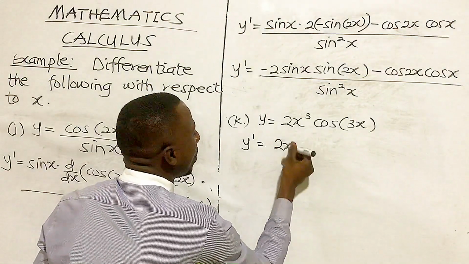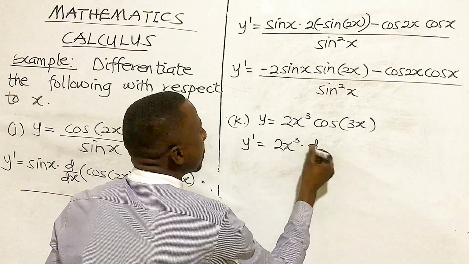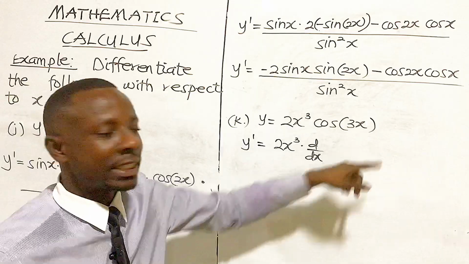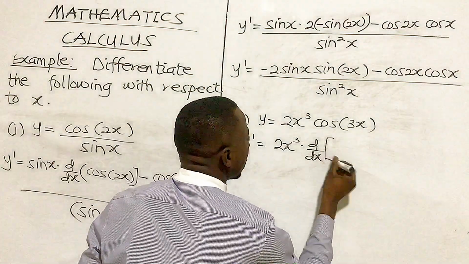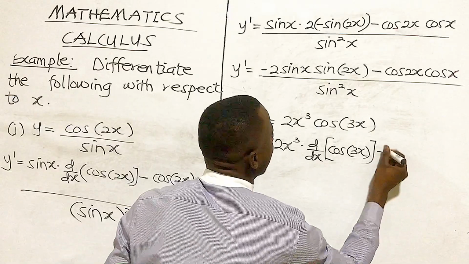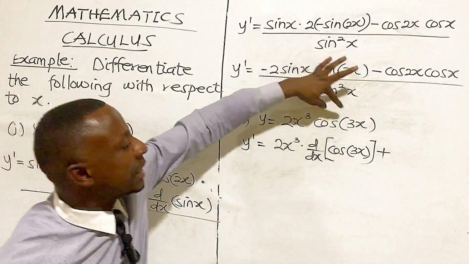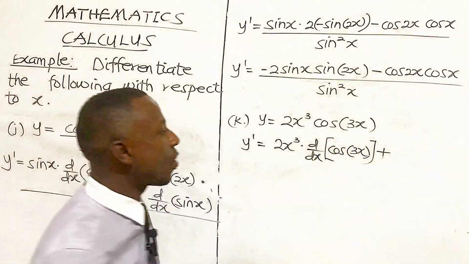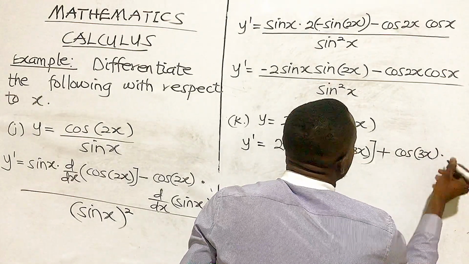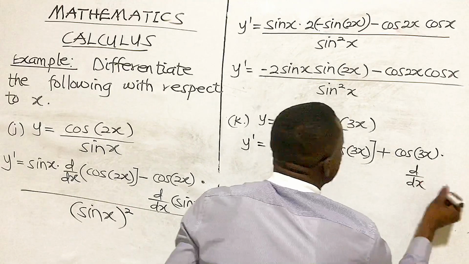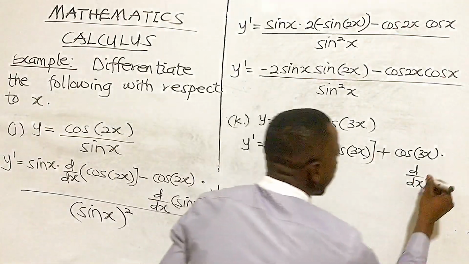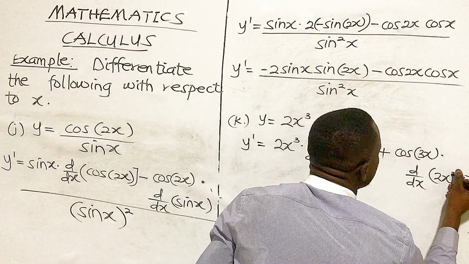So we have 2x cubed multiplying the differential of cos 3x, plus, then I will now maintain the second term, which is cos 3x, also multiplying the differential of the first term. And we have 2x cubed.